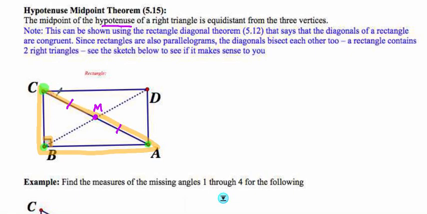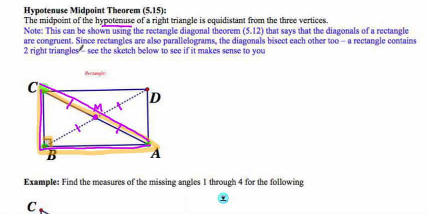It's quite clearly equidistant M to C, M to A, and then if we look at the property of a rectangle, namely that the diagonals of a rectangle are congruent and bisect each other, then we would be able to conclude, of course, that BM was equal to MD and CM was equal to MA, and if we isolate our triangle, we can see very clearly that what we have is CM equal to MA, which equals MB, and this shows that the hypotenuse midpoint theorem is true.